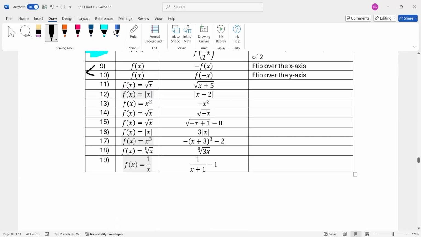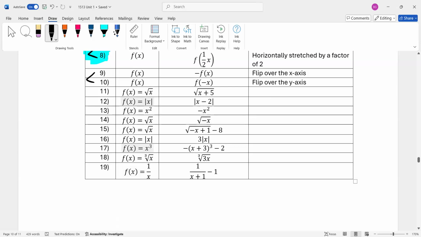All right, finally, we can do some problems, right? We have more here. Number 11. So what do you think? The mother function is the square root function. The daughter function is square root of x plus 5. So the transformation is we add 5 to x.